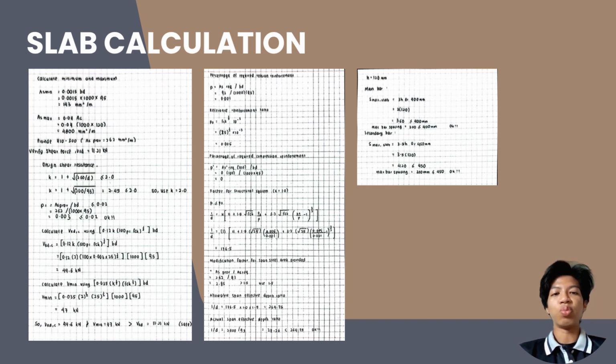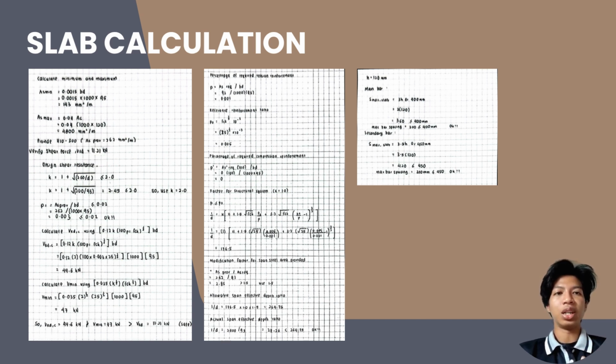The value that we got is 2.585, which is larger than 1.5. Use 1.5. The allowable span effective depth ratio L per D equals 264.75. The actual span effective depth ratio L per D equals 25.26, which is smaller than 264, so we can use it.